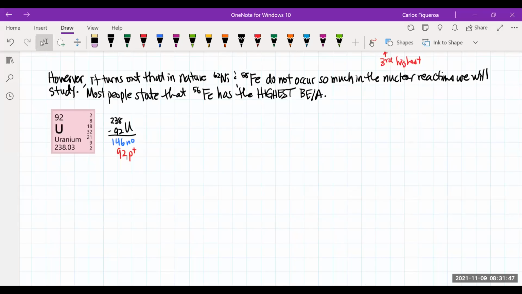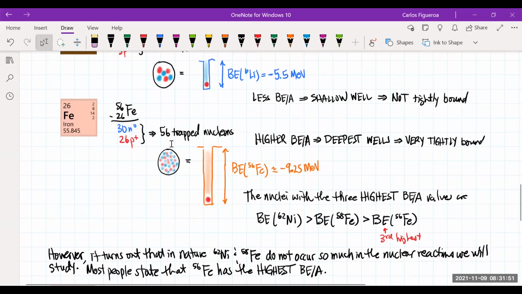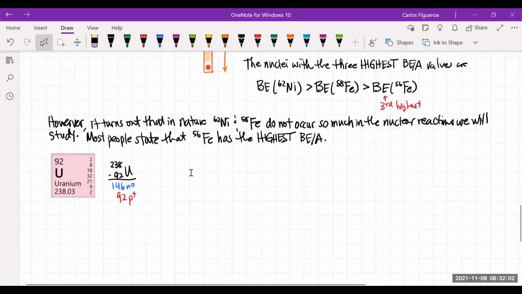So again, following the same discussion as we did before, I could draw a picture of the nucleus like this, but that's not the way people look at it. So this tells us here that we have 238 trapped nucleons in the nucleus.